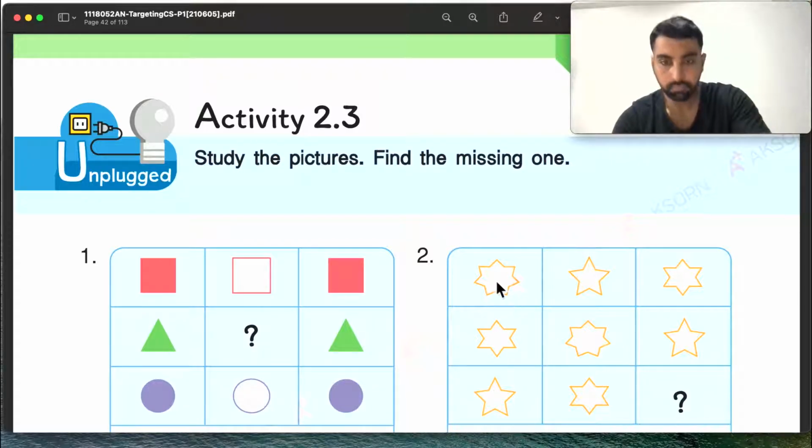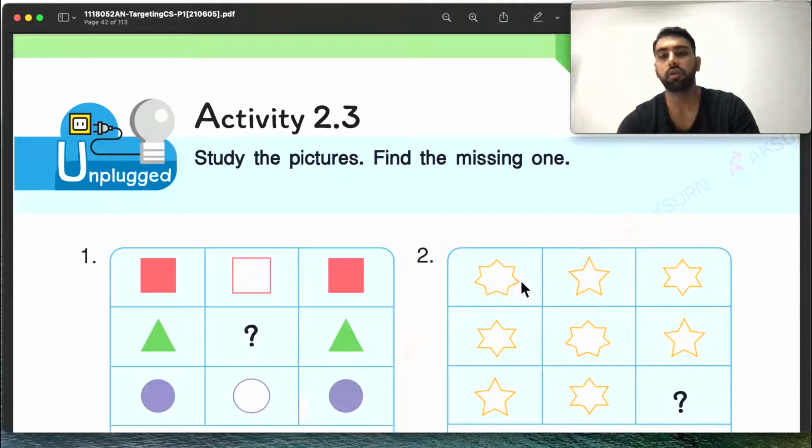Okay, so here you can see how many tips are on these shapes. All right, you have to count 1 2 3 4 5 6 7 8. 1 2 3 4 5 6 7. Okay, and then 1 2 3 4 5, and then 1 2 3 4 5 6.